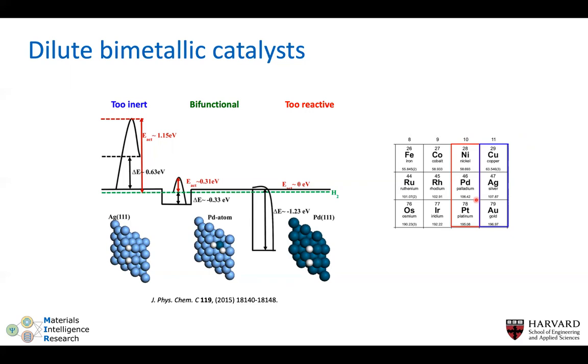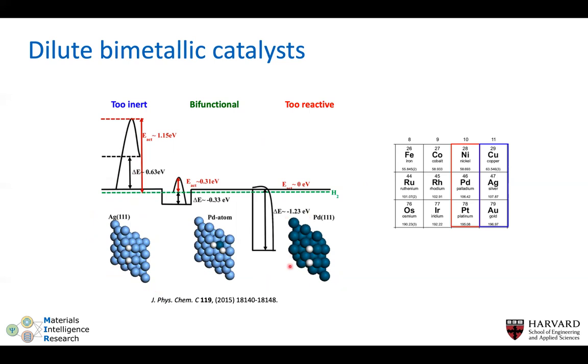On the left here is an electronic energy diagram computed by density functional theory calculations of the hydrogen dissociation process on these surfaces. So on silver, the energy barrier is very high and the dissociation process is overall endothermic, which means that silver is not very active in this process.